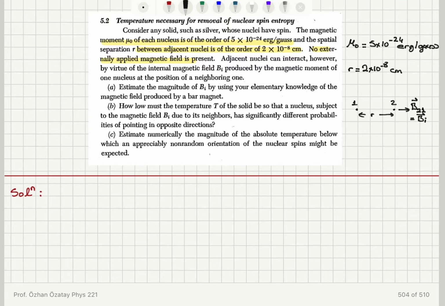Now, first of all, I want to use my elementary knowledge of the magnetic field produced by a bar magnet. So what is the magnetic field produced by a bar magnet? Let's calculate the magnetic field due to a magnetic dipole.